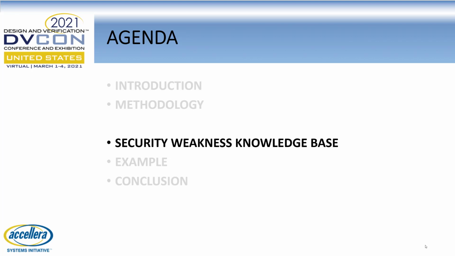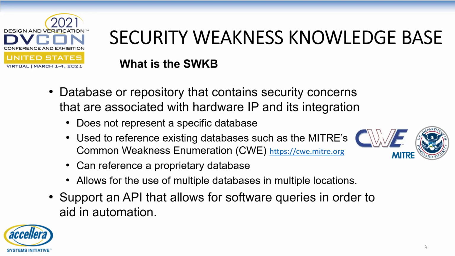Let's look at the security weakness knowledge base. What is a security weakness knowledge base, also known as SWKB? It's a database or repository that contains security concerns that are associated with hardware IPs and their integration. It does not represent a specific database.